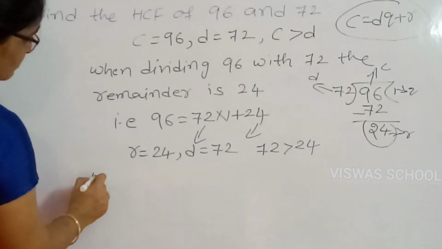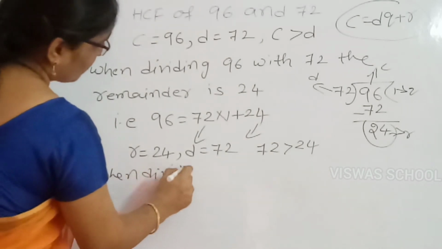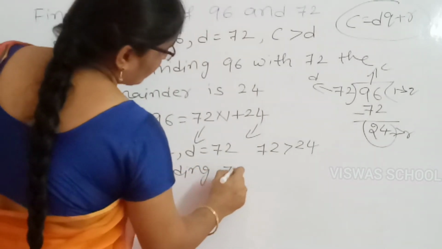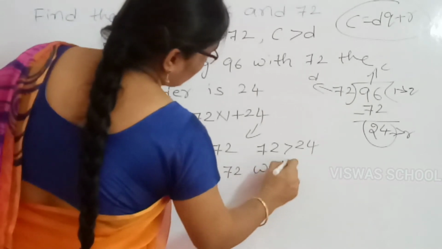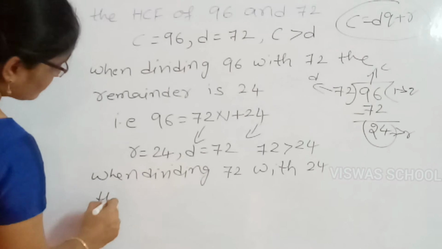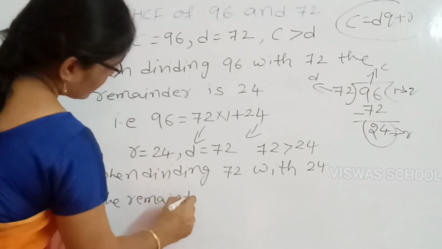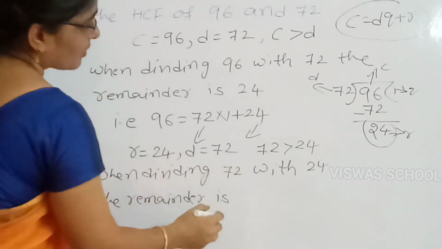Okay. When dividing 72 with 24, the remainder is what? The remainder is, let's see.